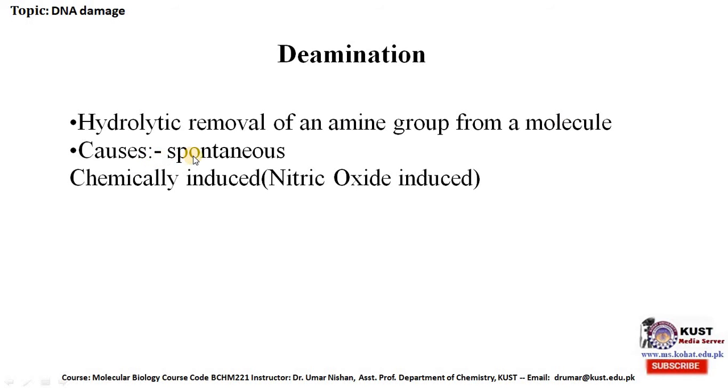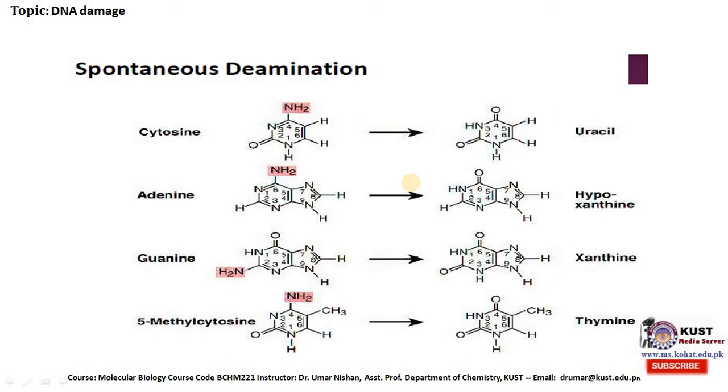Another one is deamination, the hydrolytic removal of an amine group from a molecule. Its causes can be spontaneous, or it can be chemically induced, like nitric oxide induced deamination. This is an example of how spontaneous deamination can possibly take place. You see cytosine, and with deamination it can be converted to uracil. Adenine through the process of deamination can be converted to hypoxanthine.